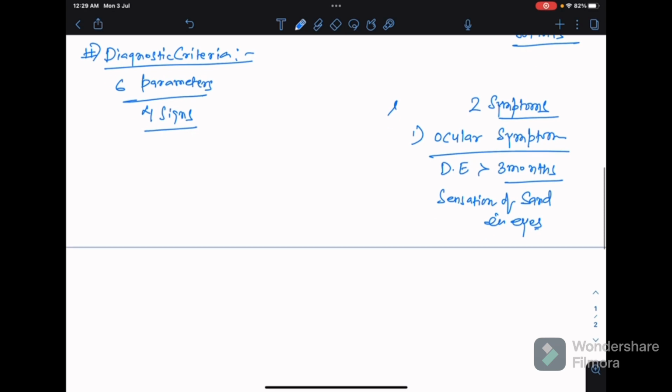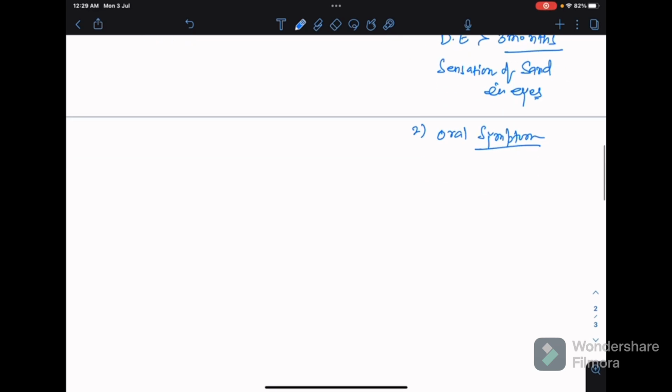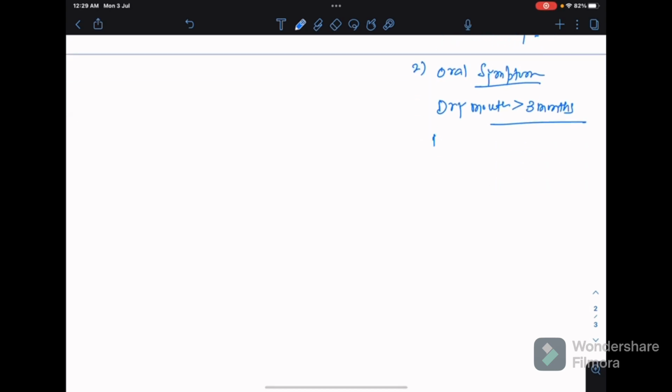Second, what is the oral symptom? Same, the patient will have dry mouth for more than 3 months, and he will be having difficulty in swallowing, especially solid food.